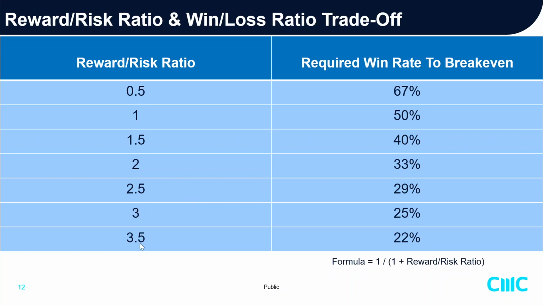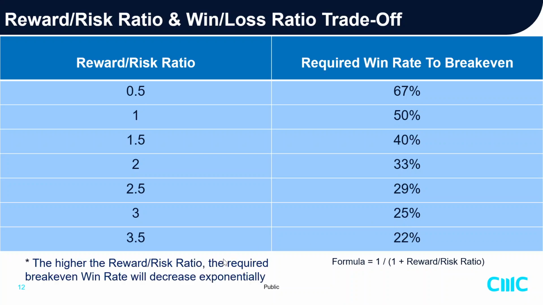If you have 3.5, a higher reward risk ratio, the required win rate drops to 22% to break even. So what we could see is that the higher the reward risk ratio, the required break-even win rate decreases exponentially.